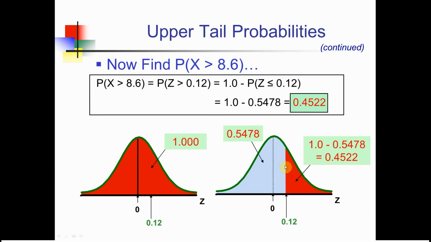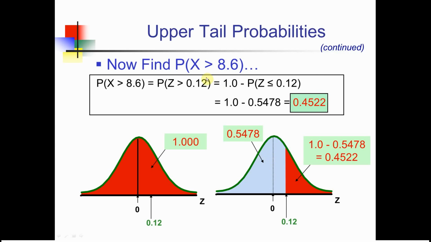The way we look at that is that the total area under the curve is 1. If we look at the probability we want, going greater than this, we know that that plus what's left over has to be equal to 1. So in other words, if we take 1, which is the whole thing, and subtract off the red part, what we're left with is the blue part.